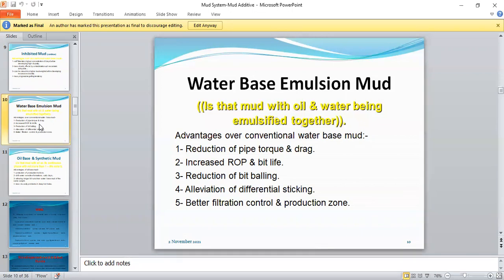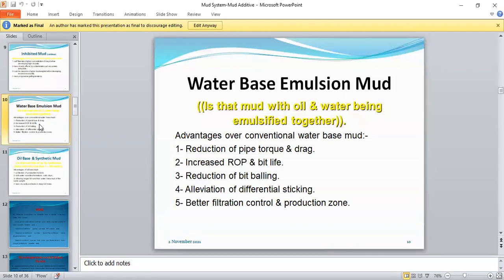When we talk about torque increasing, as it's rotating with 7 kips and getting 60 RPM, when he still applies that to maintain that 60 RPM, it's now applying up to 8,000 pounds or 8 kips. It means that you are beginning to have torque. Torque means you are finding it difficult to rotate the pipe. So emulsion mud reduces pipe torque and drag.